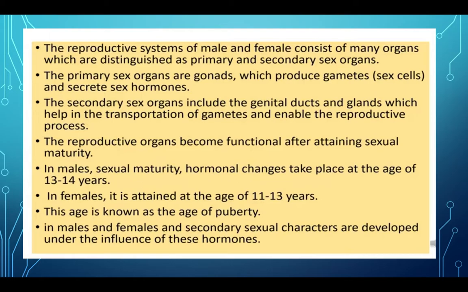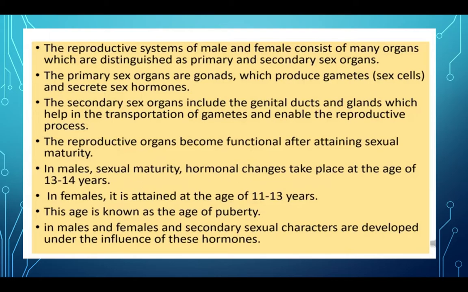The primary sex organs are gonads, which produce gametes. Gametes are nothing but sex cells, and the gonads also secrete the sex hormones. So, primary sex organs are otherwise called gonads.